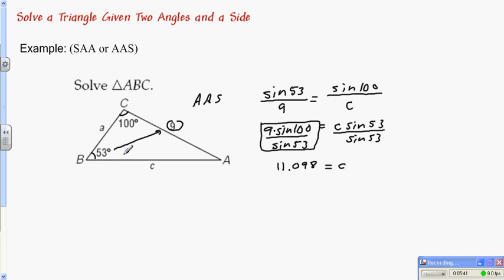One nice thing is that if we have two angles given, we know the third angle. That would be 180 minus 100 minus 53. So if we calculate that, then we have our angle. So angle A will be equal to 27 degrees.